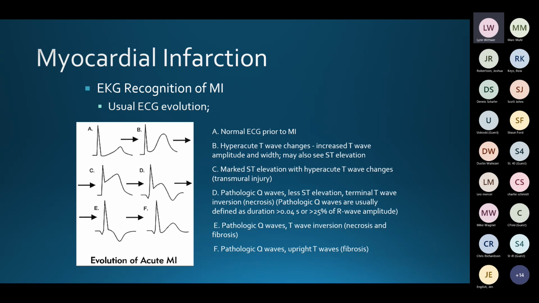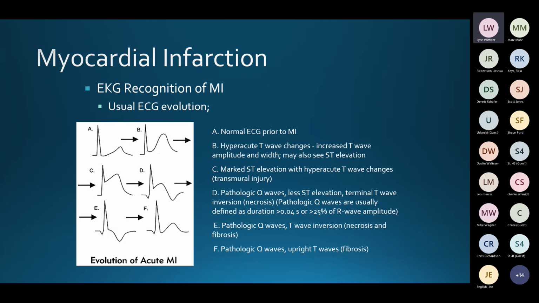The ST segment is the area just after the J point, just after where the R wave comes to the S where it comes to the baseline. So it'll be just slightly above, and you notice the T wave is hyperacute.